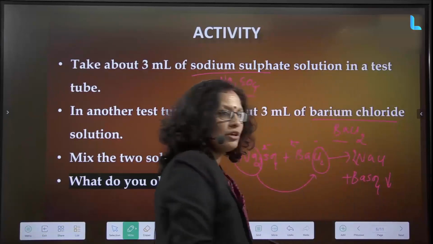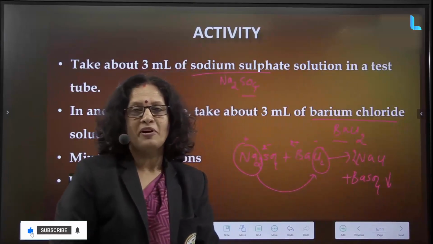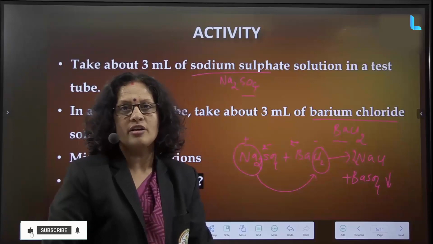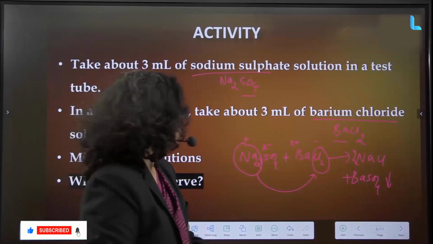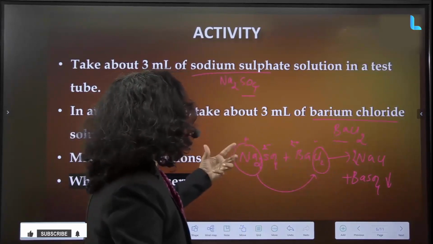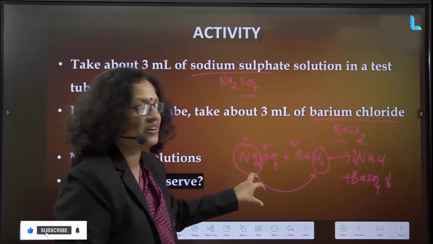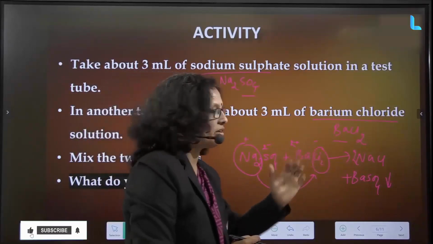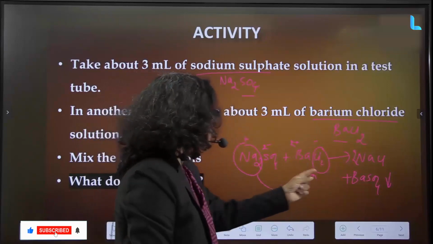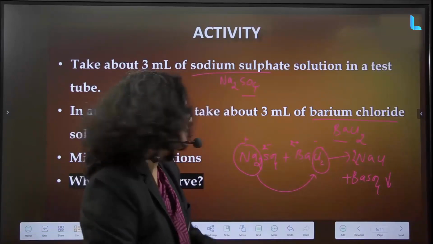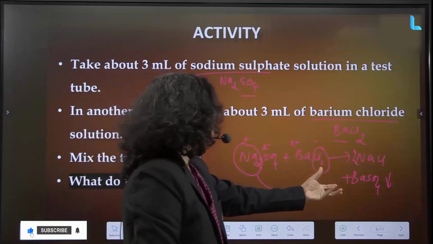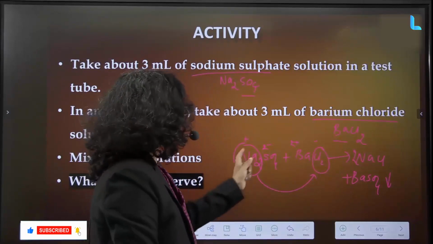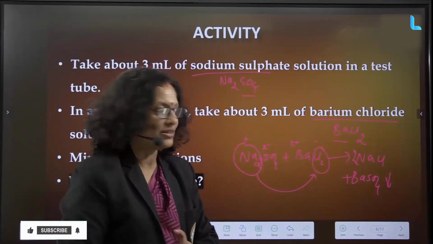It will be converted to a precipitate. A white color precipitate will be obtained here. Are you able to understand what is happening? In one test tube sodium sulfate, in another test tube barium chloride. When we mix them together, we get a white color precipitate, which is barium sulfate. So barium sulfate precipitate is obtained due to interchange of valencies.